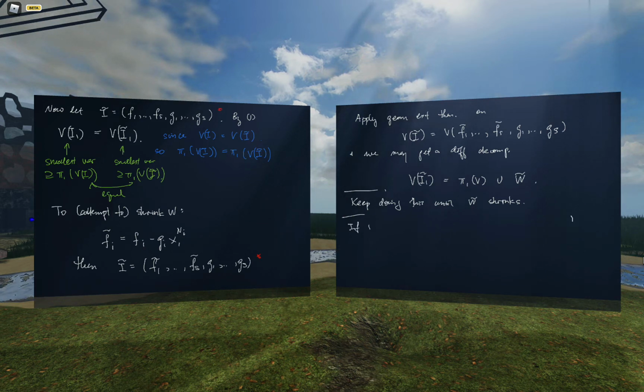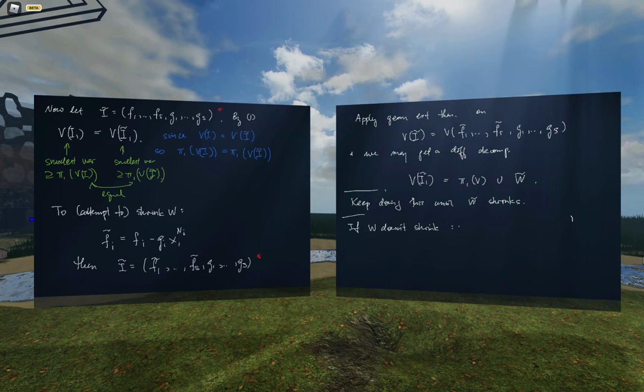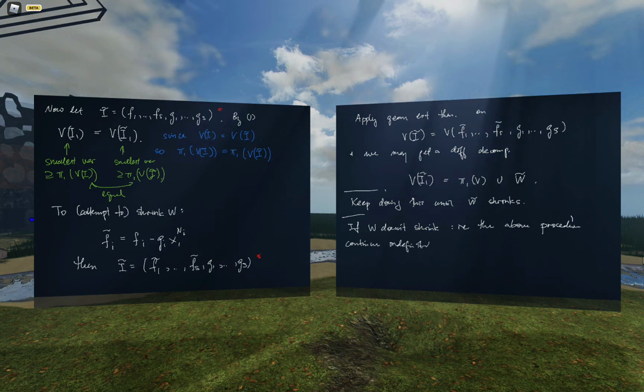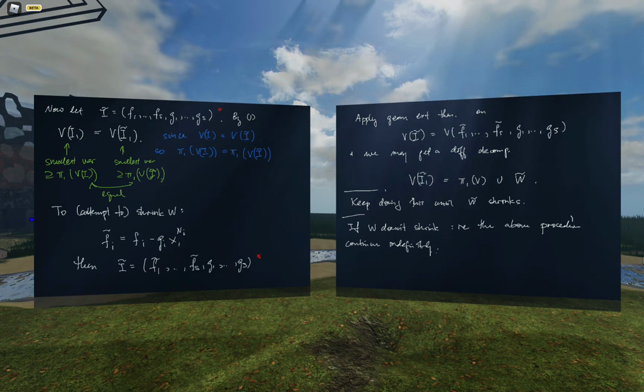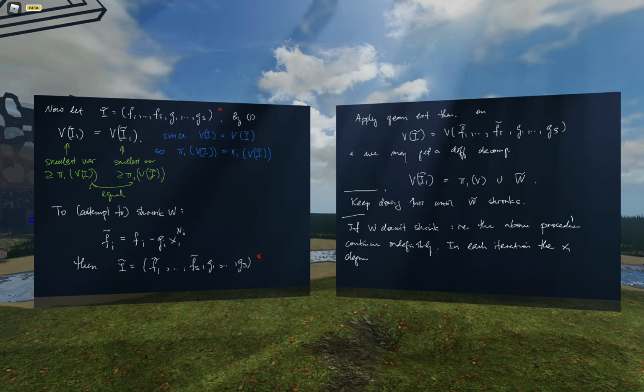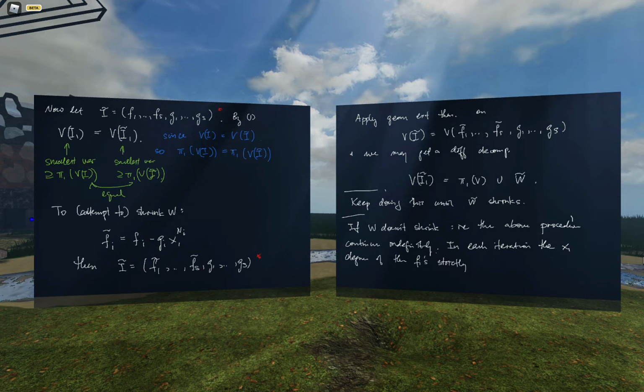So if W doesn't shrink ever, i.e. the above procedure continues indefinitely with W equal to V_I1, then in each iteration the x1 degree of the F_i's strictly decreases.